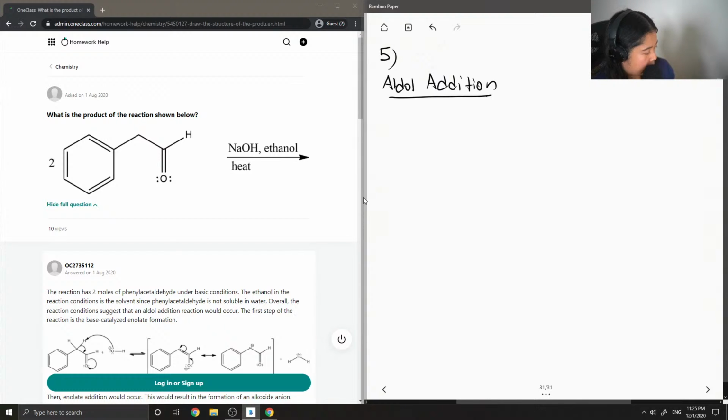So I'll draw out the mechanism here. So first I'll draw a molecule of the phenylacetaldehyde.